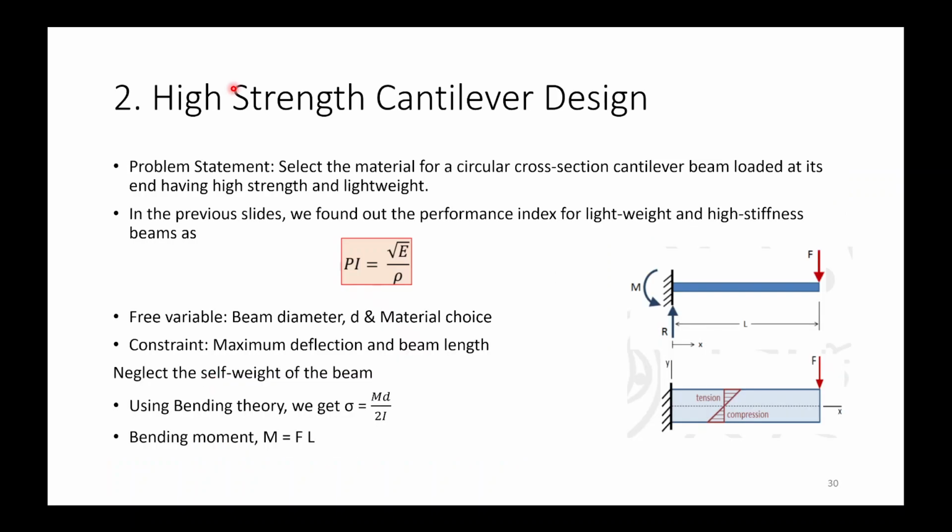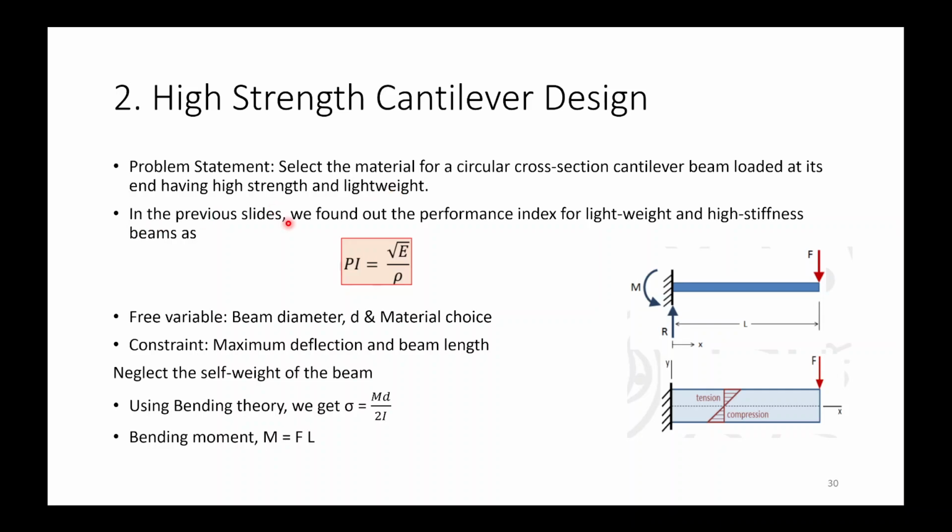Now the second example is high strength cantilever design. It is similar to the previous one, but here we require strength instead of stiffness. The problem statement is: select the material for a circular cross section cantilever beam, loaded at its end, having high strength and light weight.